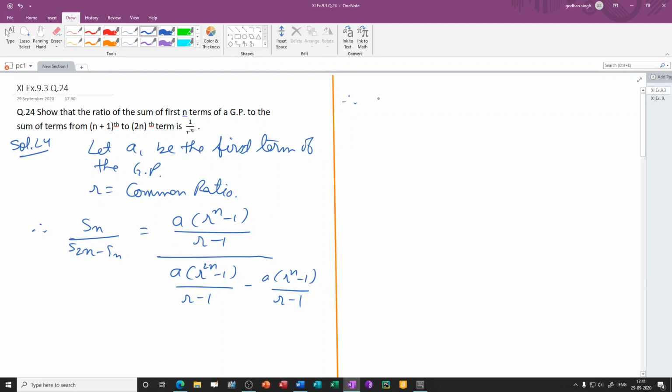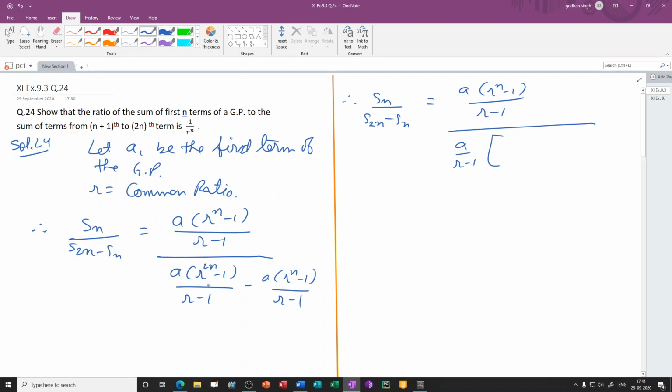Therefore Sn over S2n minus Sn equals a into r raised to n minus 1 over r minus 1 whole divided by, in the denominator, we can see that a by r minus 1 is common, so we can write a by r minus 1.